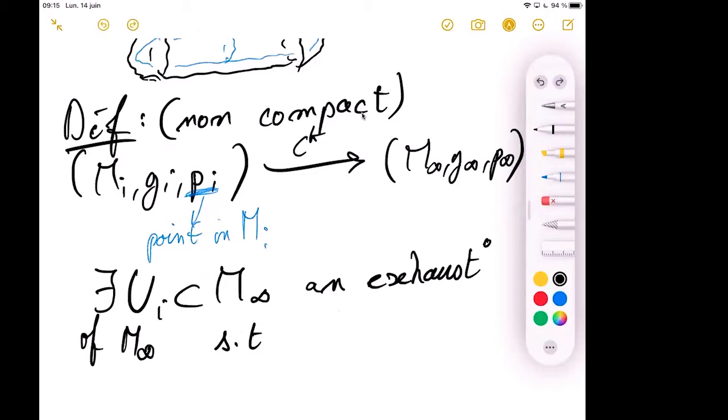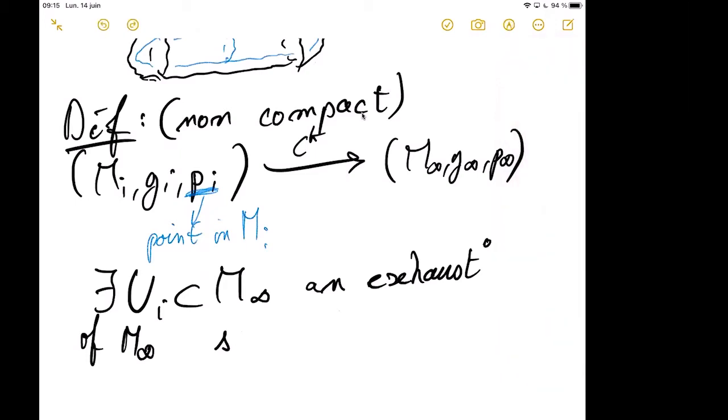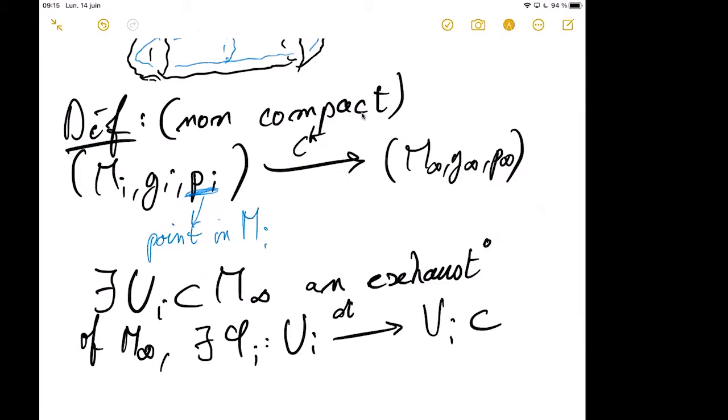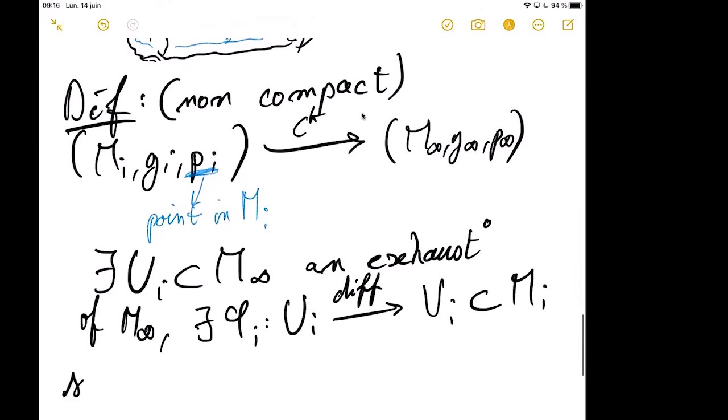I lost my diffeomorphisms. So there exists Ui, an exhaustion of M infinity, and there exist phi i's from Ui to some open sets, which is a diffeomorphism on its image, which is in Mi, and such that phi i star of Gi converges locally, so on every compact set of M infinity, to G infinity.